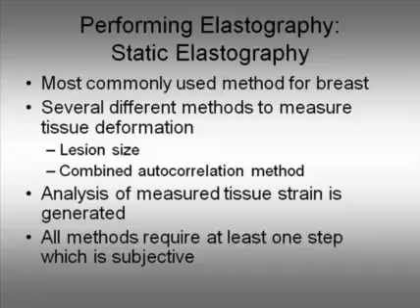But in the past, the research has looked at several different ways of measuring the tissue deformation. There are many different ways. I'm going to concentrate only on two more widely available methods of measuring tissue deformation, and we'll look at the research in both of those.